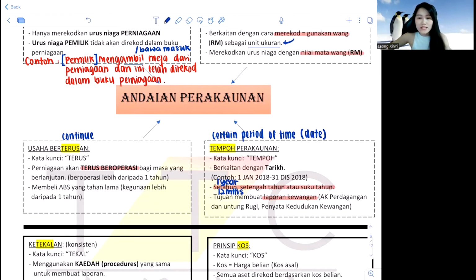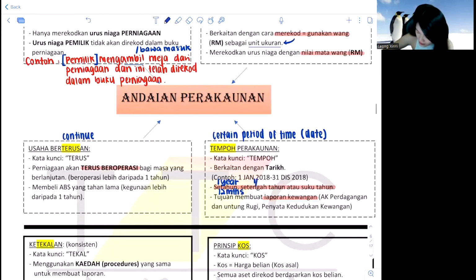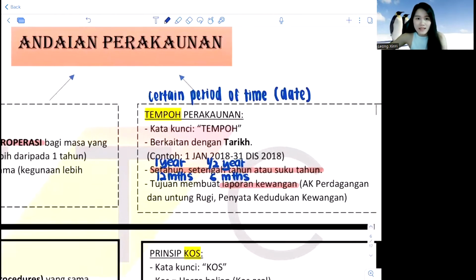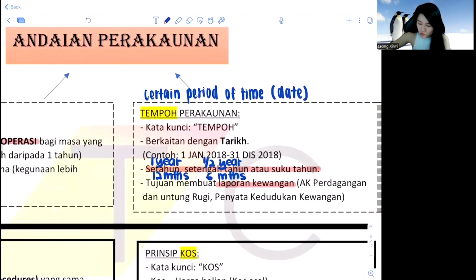Now setengah tahun means half of the year, right? Half of the year means 6 months. And as for suku tahun, it is a quarter of the year. A quarter stands for 3 months.